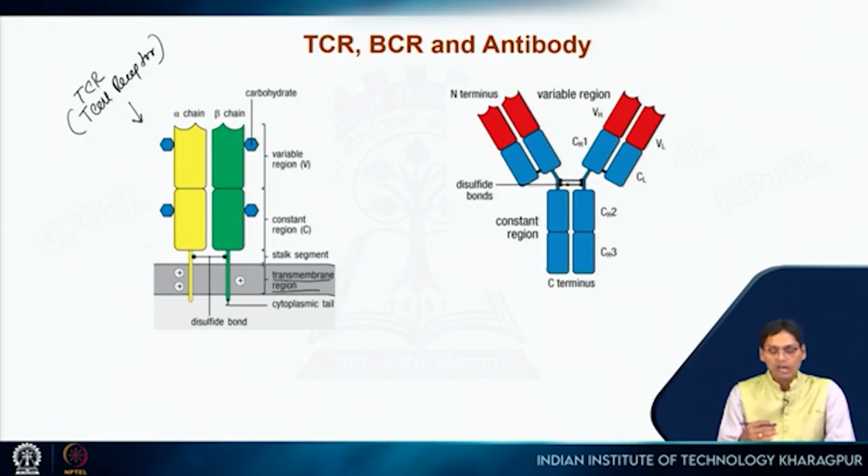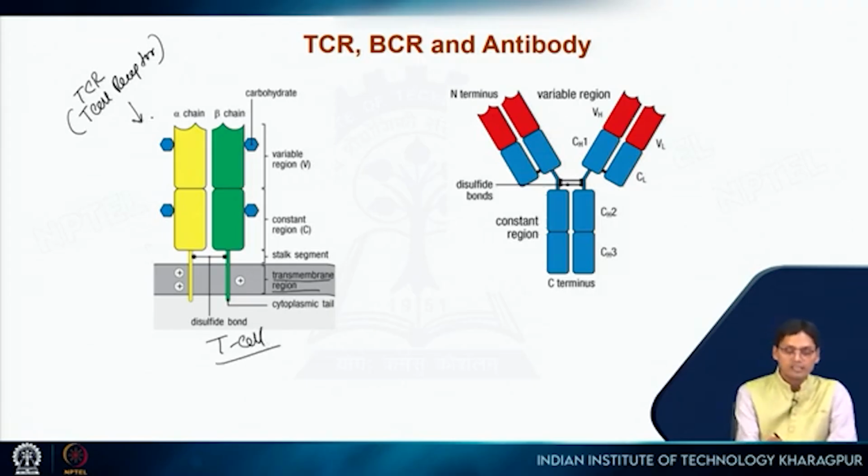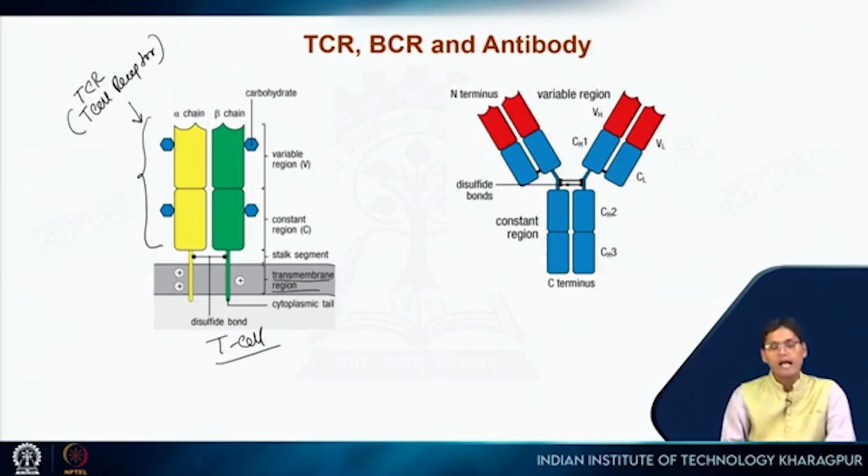On the outer side of the cell, this is the T cell. So you have this T cell receptor, and this TCR is called alpha beta TCR, because as you can see, it has one alpha chain and one beta chain.